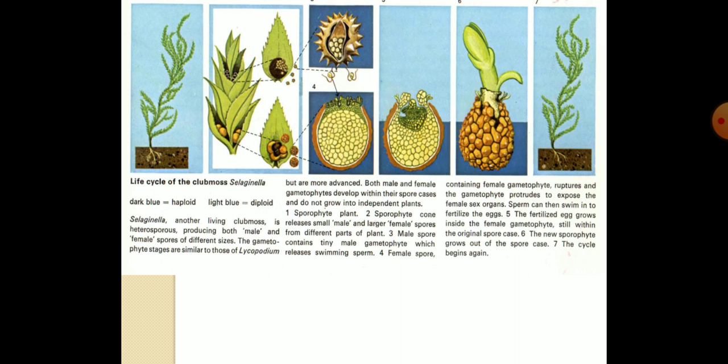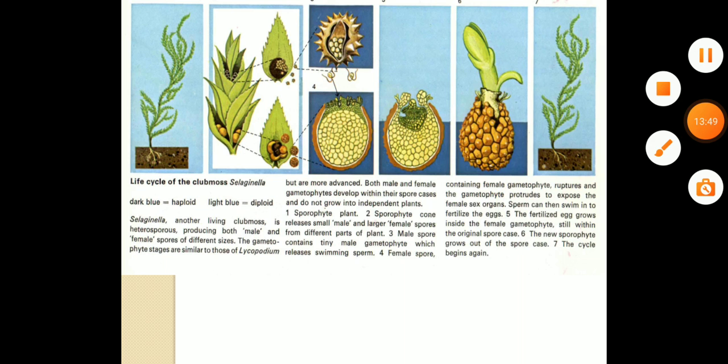You have to draw a neat labelled diagram and explain the structure. Sometimes 1-mark questions may be asked, such as what is ligulate, where do you find a certain structure in Selaginella, what is a strobilus. There will be questions like that in the examination. I hope you get the point, and later we will discuss other topics.